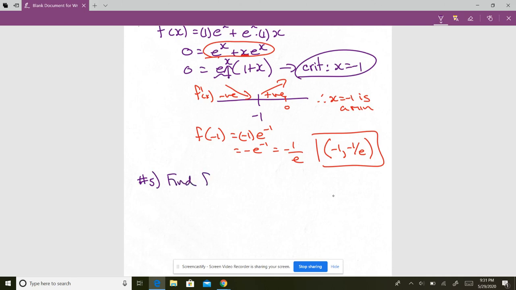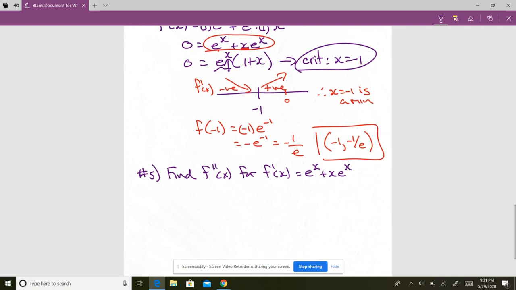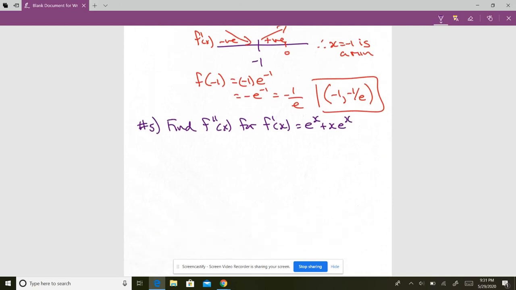Find f double prime for f prime of x, and we'll just use the function up here: e to the x plus x e to the x. So essentially take the derivative again. This is just practice. So f double prime is going to be the derivative of e to the x, e to the x, that was easy.